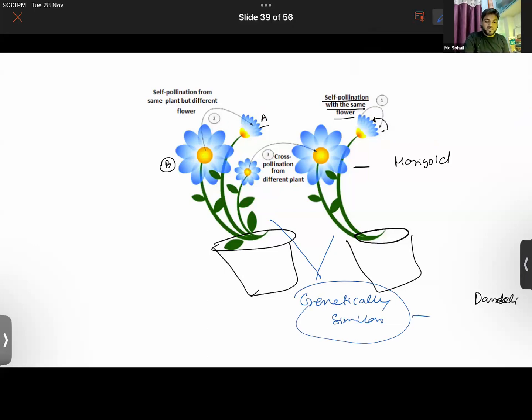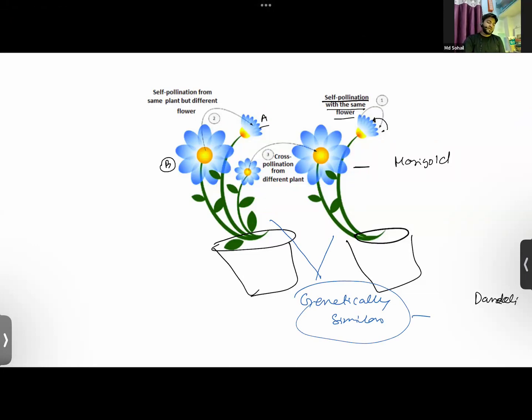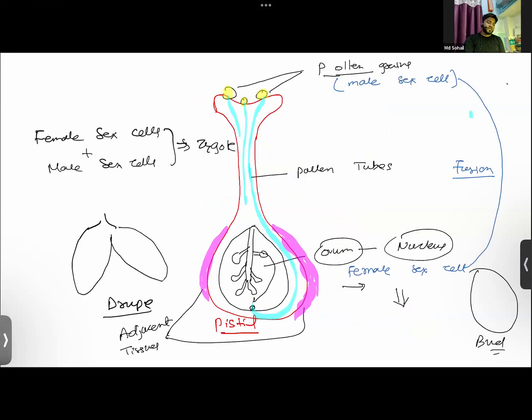Okay, hope that much is clear. And the fertilization process we have already discussed moments ago. When the pollen grains fall on it, it will start to germinate, and as the pollen tube starts to grow, the ovum here will later be fertilized by the pollen grains and form into the zygote, right?